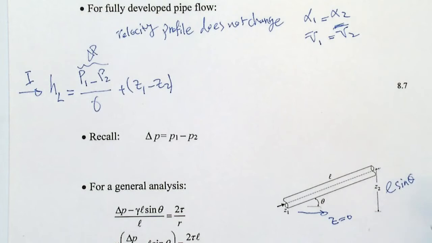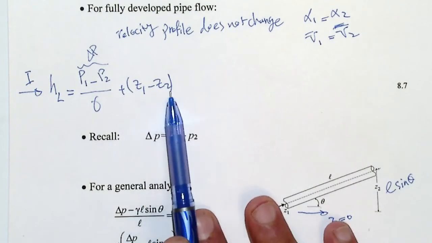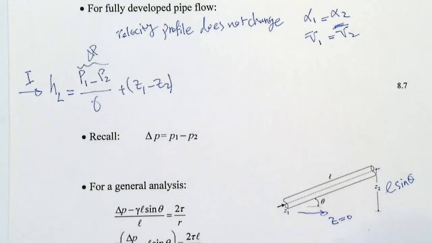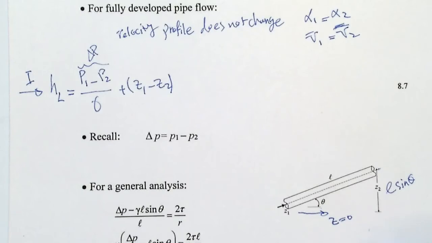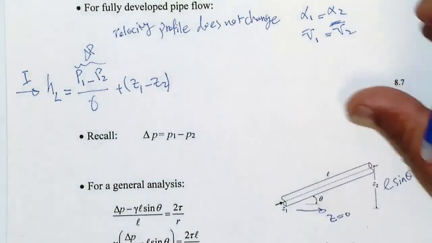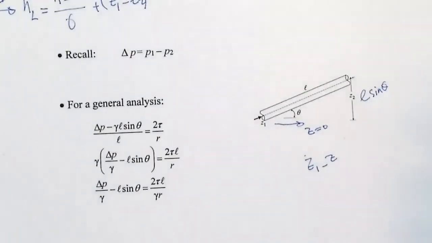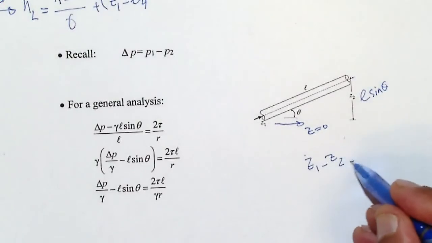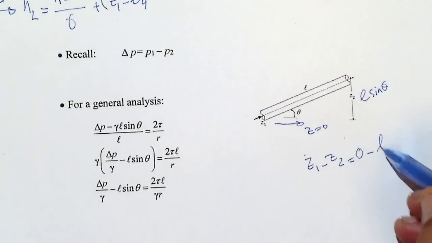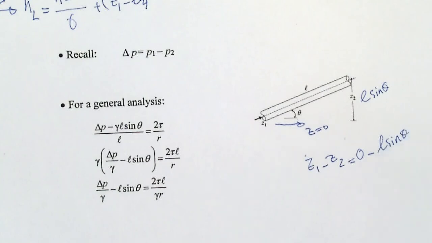This is going to be positive. Then Z1 minus Z2 is going to be 0 minus L sine of theta, right?